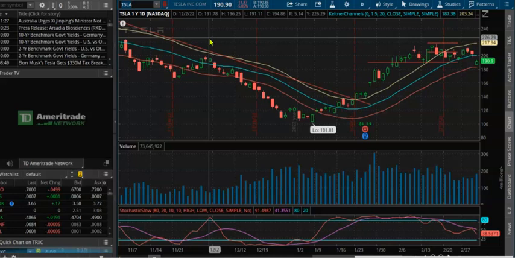A plus setups are basically favorable, or the highest percentage of going your way or you making a winning trade. An A plus setup may be Apple at a 52-week low, or if you're going short on the put side, it could be Apple at a 52-week high, or another stock that's well beyond the moving averages and the Keltner channels.